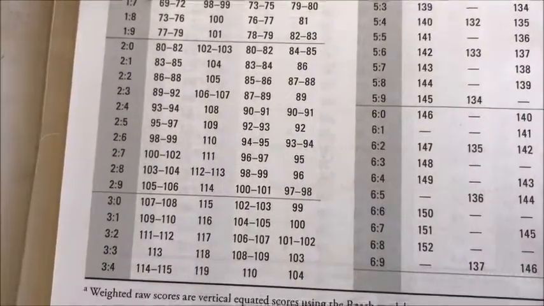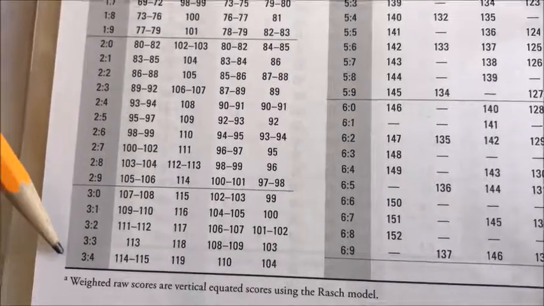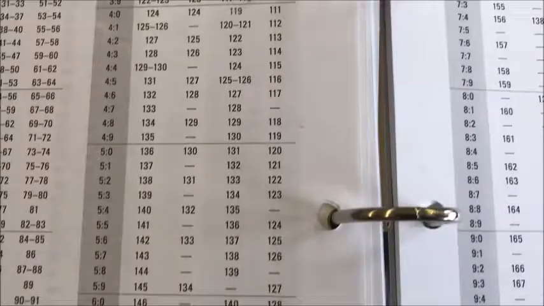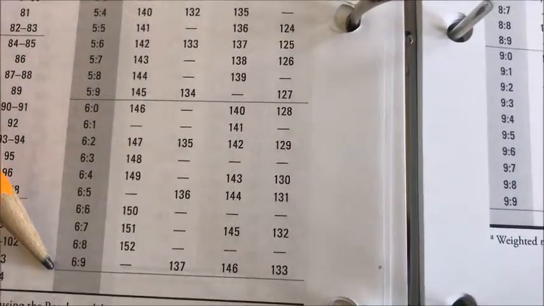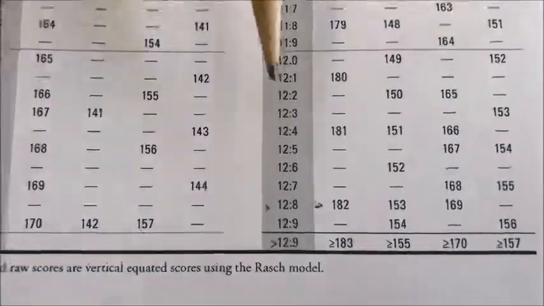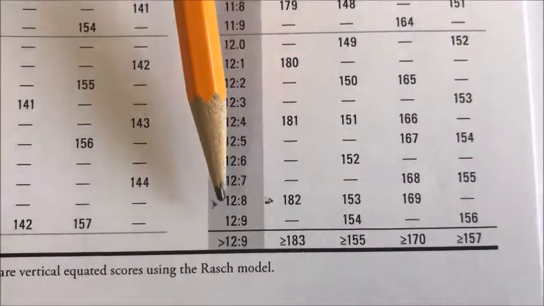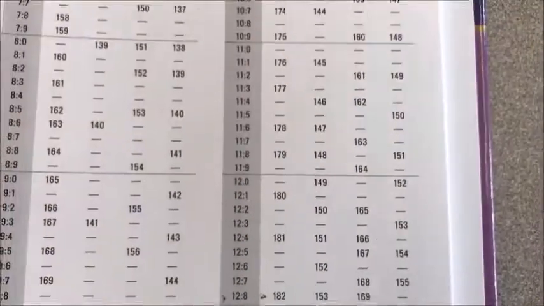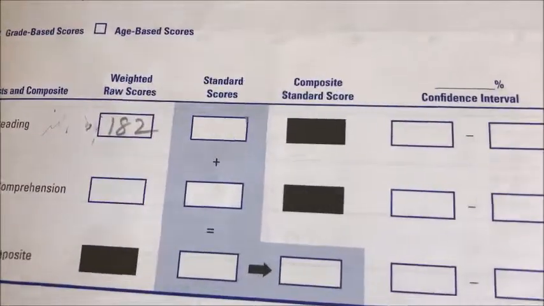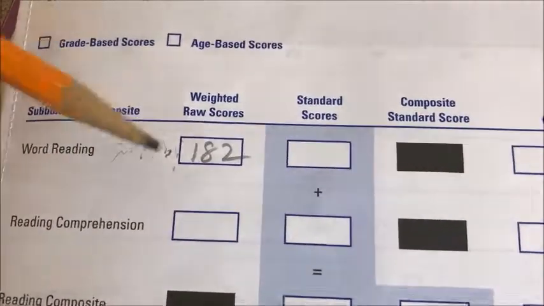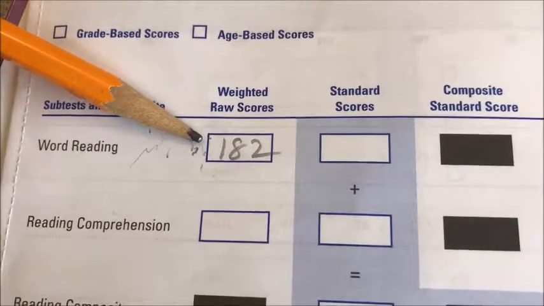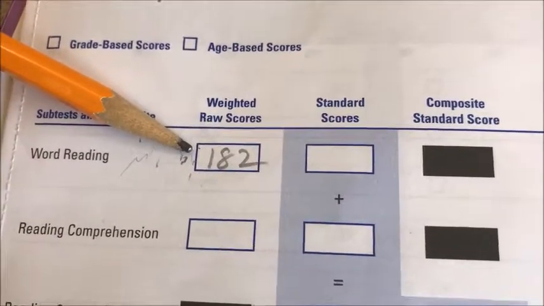The grade equivalent goes all the way down here. You see at the bottom, grade 3, and then across here and down to grade 6, 9, and finally it goes up to 12, 9. So you can get the grade equivalent for those scores up to grade 12. We established that Morgan got a 182 weighted raw score on her word reading, so now we can convert that into a grade equivalent.